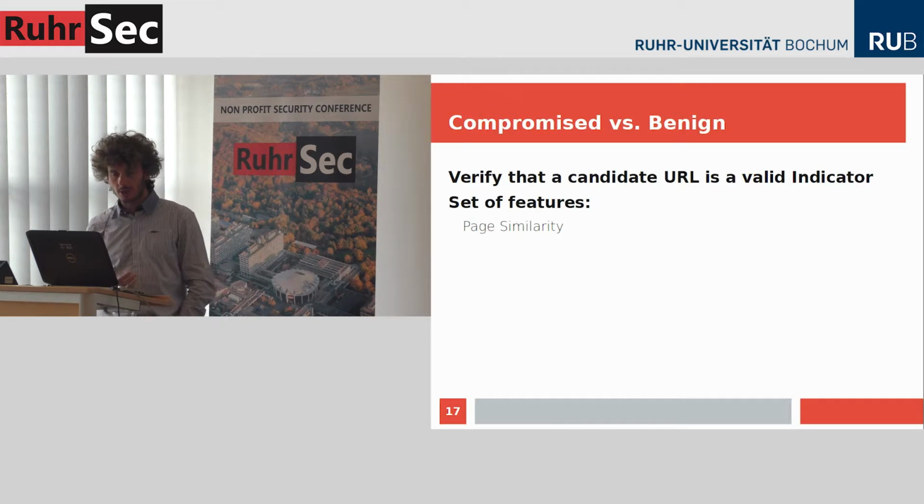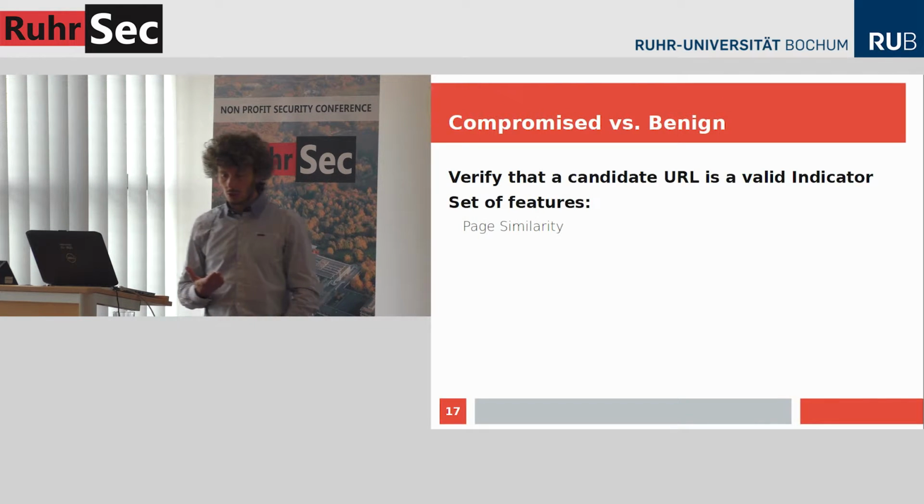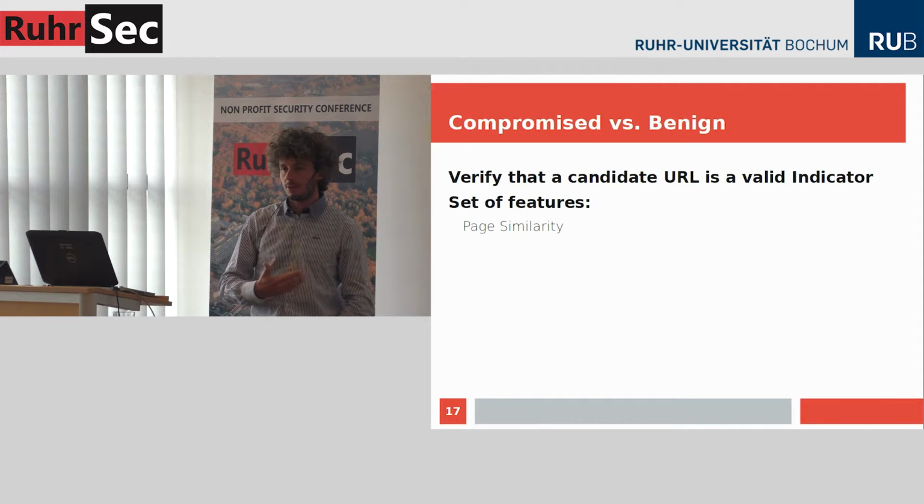So the first feature is page similarity. The idea here is that attackers very often use the same template when they deface a page. This is very common, for example, for hacking groups, that they use the same methodology, they use the same template to advertise their compromise.